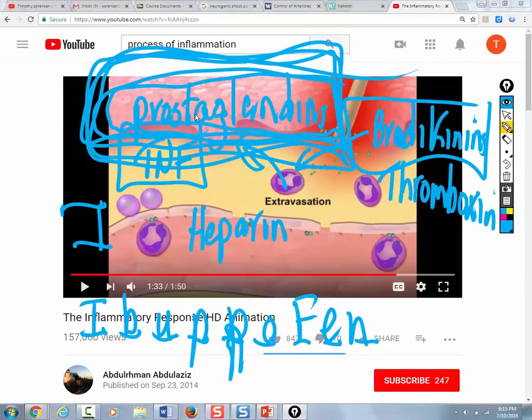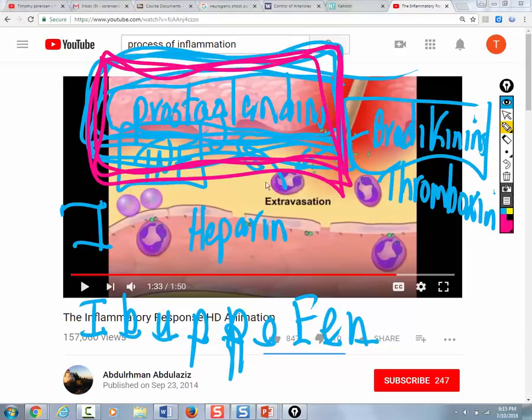You're not going to believe this. Guess what stimulates thermoregulatory receptors in the hypothalamus and causes a fever? Wait, don't say it. Okay, now say it.